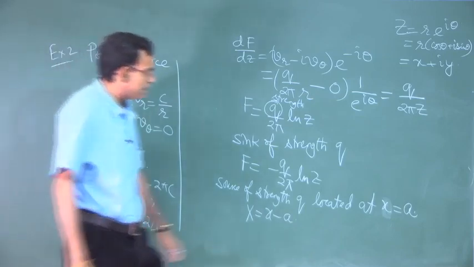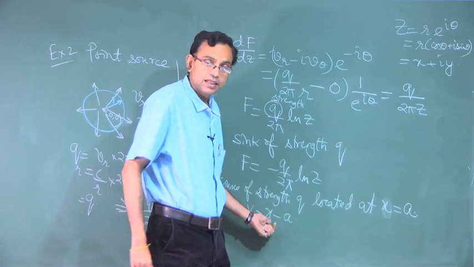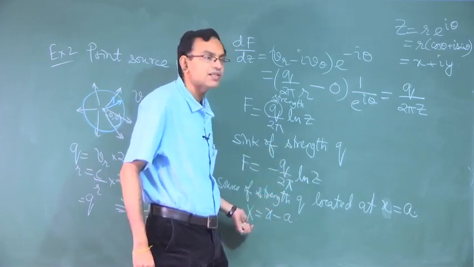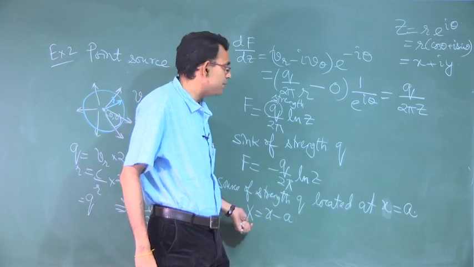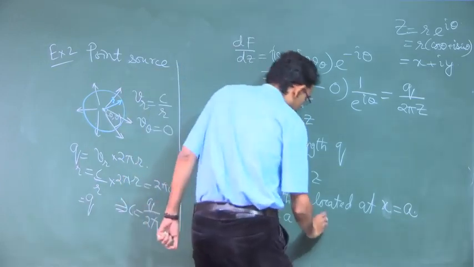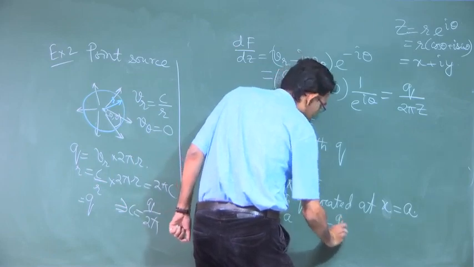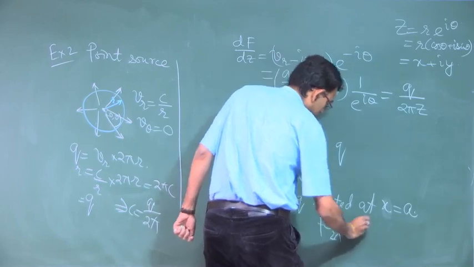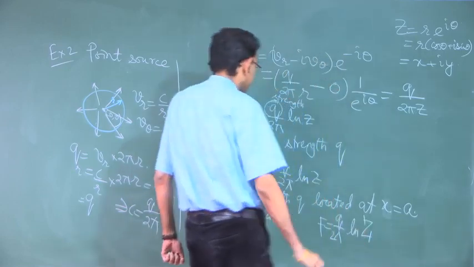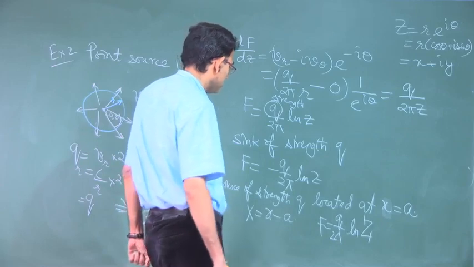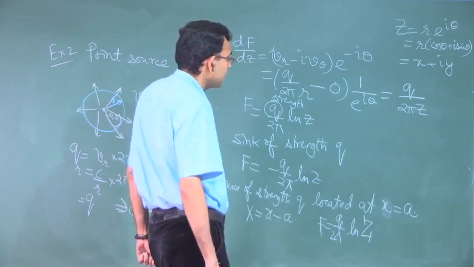So, when small x is equal to a, capital X will be 0. So, in the capital X coordinate it becomes same as this. So, this will be f is equal to q by 2 pi ln capital Z. And z is x plus i y.